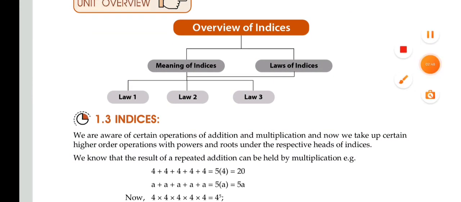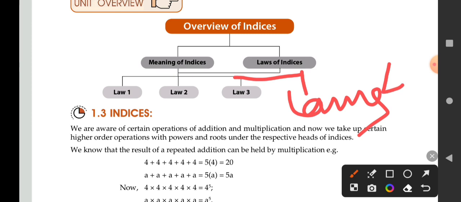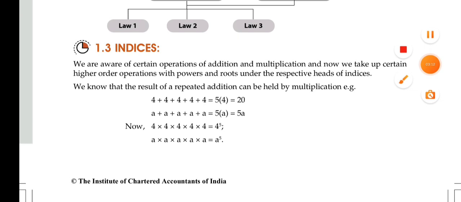There are four laws actually, and still many simplified rules you can say that we use. So there are four laws. Law 4. We are going to study ahead. You can write it over here once we study. Let's get into it.